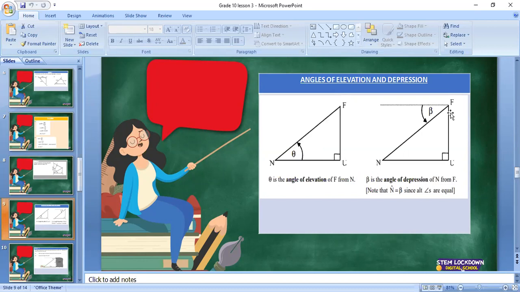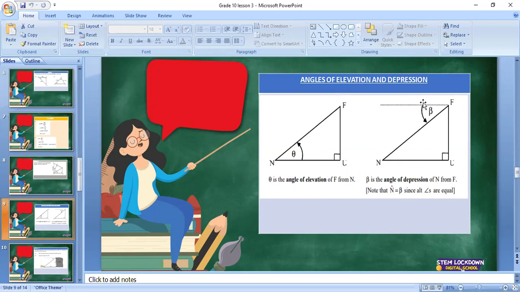Okay, and then for depression, say you're on top of the tree now, at F, and you need to see your friend at the bottom, somewhere far on the ground. If you look straight this way, you will never be able to see your friend.